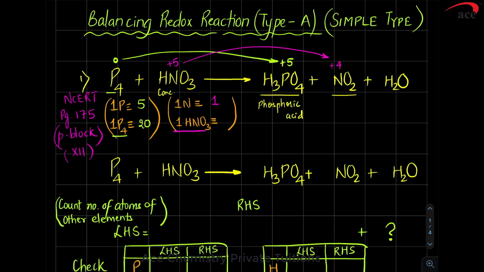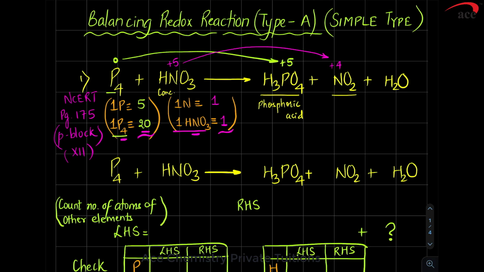Nitric acid has only one nitrogen, so the change is 1. In the other case there were 4 phosphorus, therefore we multiplied by 4. Now we know the change in oxidation state is the number of electrons exchanged. That means P4 as a unit exchanges 20 electrons, nitric acid as a unit exchanges 1 electron.